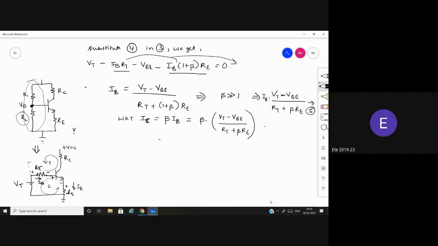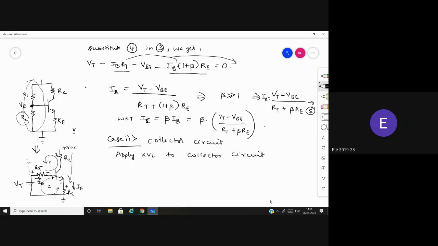Once we get the collector current, our next part is case 2. In case 2, it is similar to what we have in all the other circuits. Because the output circuit is not changing, we take the collector circuit and apply KVL to it.